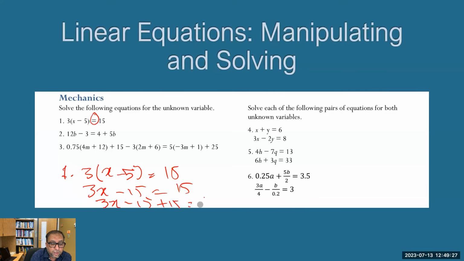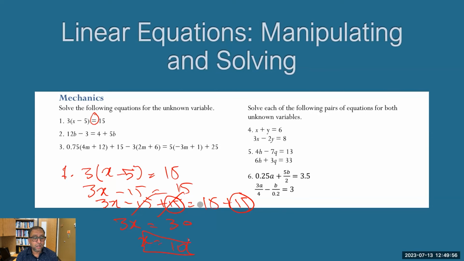We did this addition on both sides. With this addition, the minus 15 is eliminated, and we get 3x is equal to 30, and then x is equal to 10. That's the way that we do equations. So this is a single equation with one variable x. In our second question it's b, and in the third question it's m.